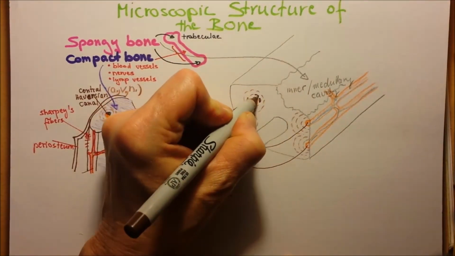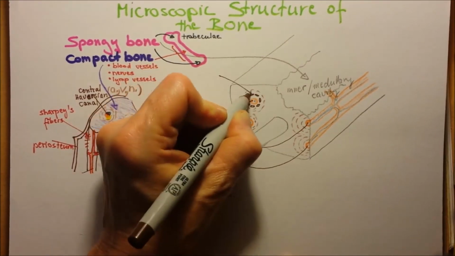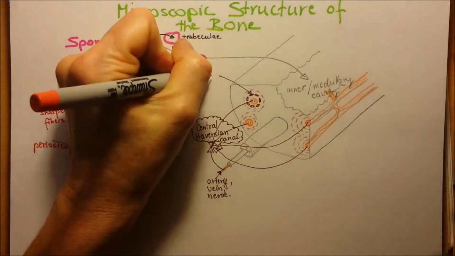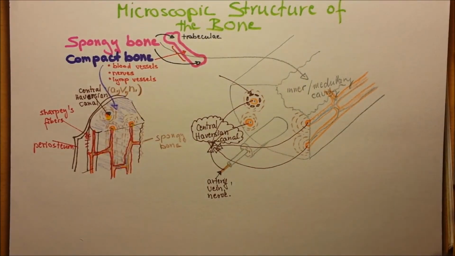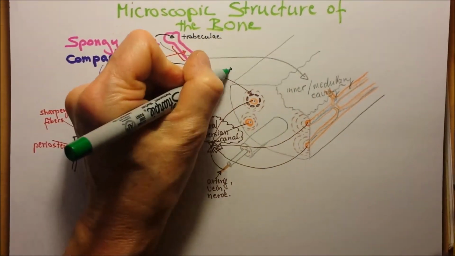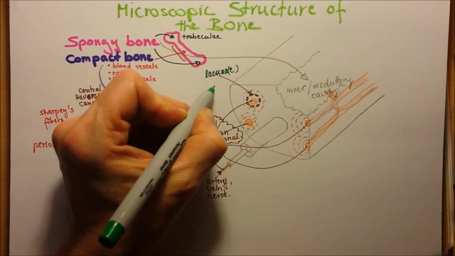Now, around the concentric circles, these are lacunae, or lacuna if it's singular, lacunae if it's many. So I put the e in parentheses for many of them.